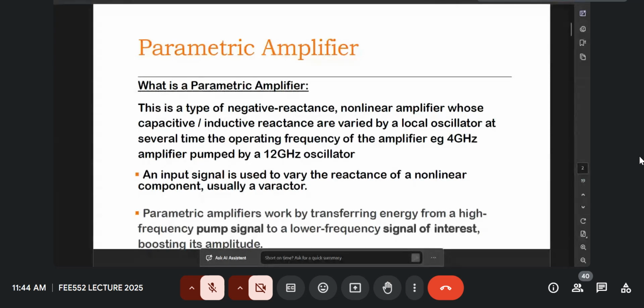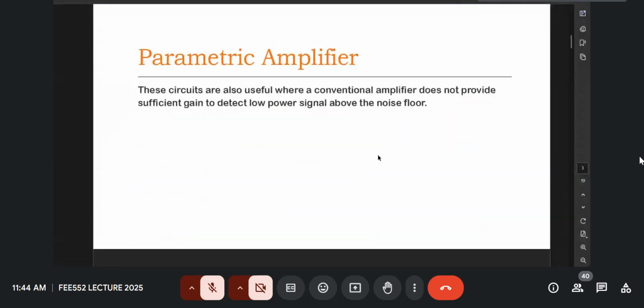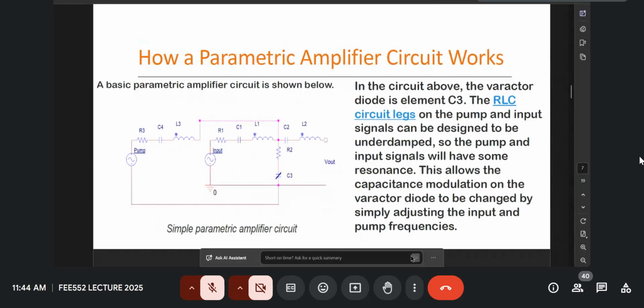And the other question was about oscillations. I said that we want our pump RLC leg and our input RLC leg to be designed to be underdamped so that we can achieve resonance.